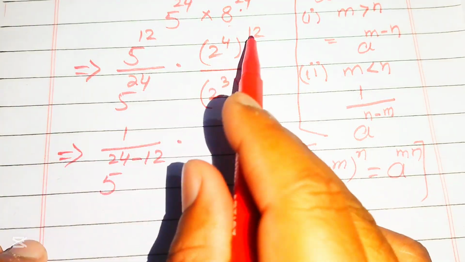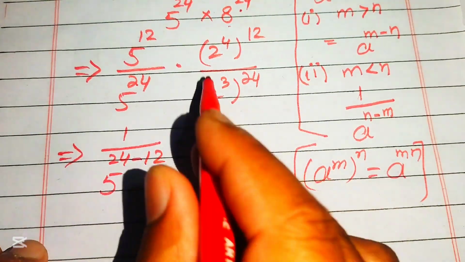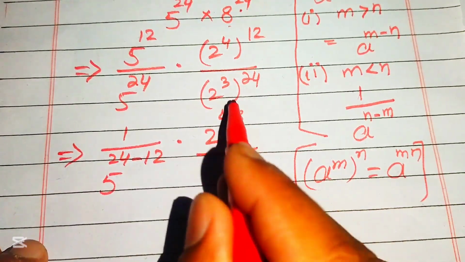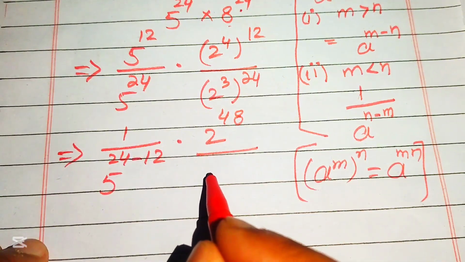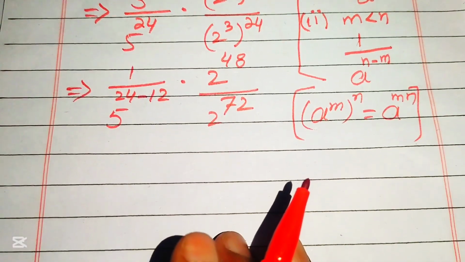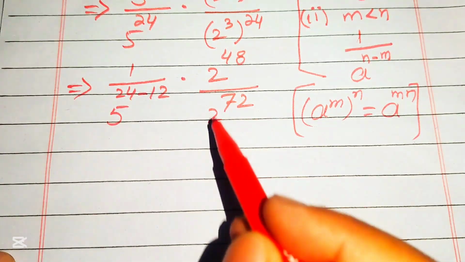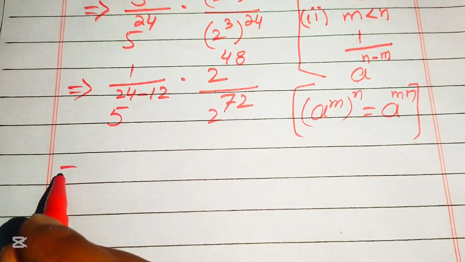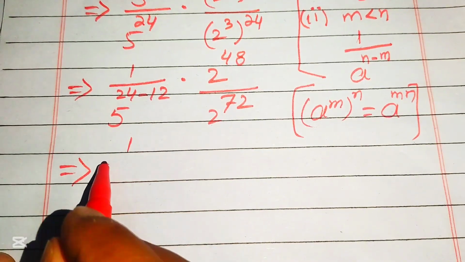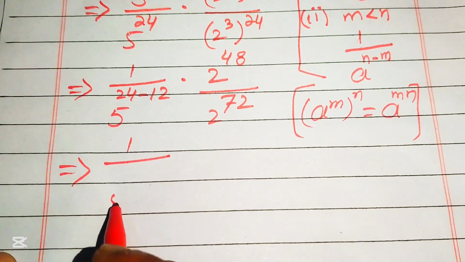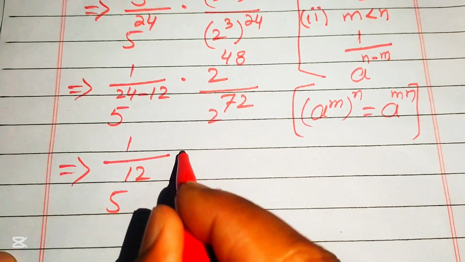So we multiply 4 times 12, which equals 48, and similarly 3 times 24 equals 72. Now further you see again these two terms have the same base, so we subtract 48 from 72, and it will be written as 5 to the power of 24 minus 12, so we obtain here 5 to the power of 12.